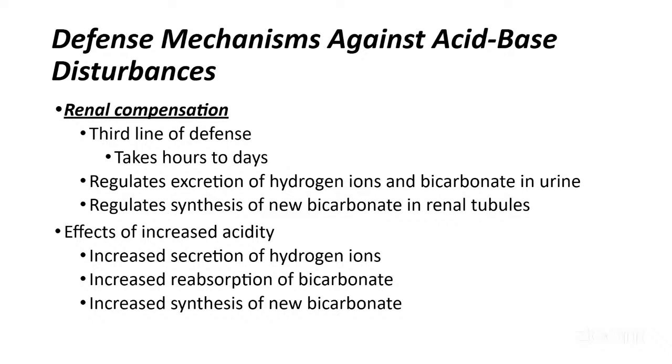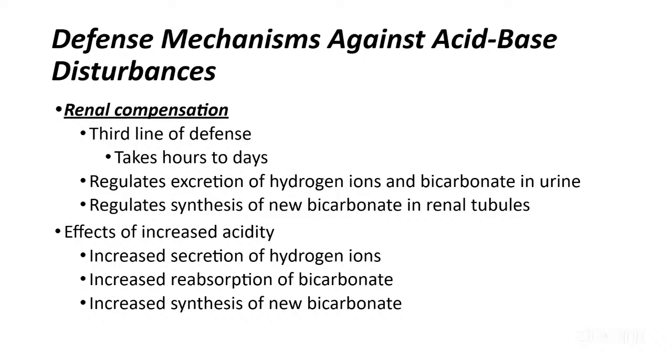The overall effects that we see from increased acidity, right? So if we see an increase in acidity in the bloodstream, we're trying to regulate that, to bring pH back up from a state of acidosis. Acidosis is low pH. We want to bring ourselves up, right? We can secrete hydrogen ions into our nephrons and ultimately excrete them from the body.